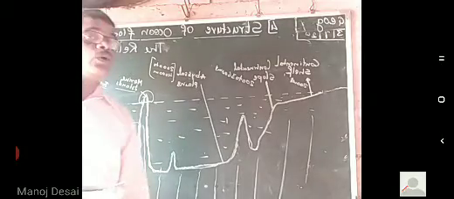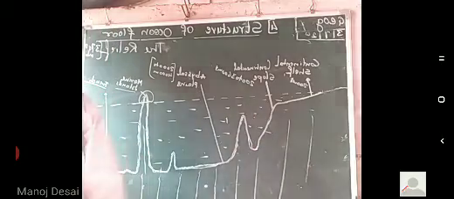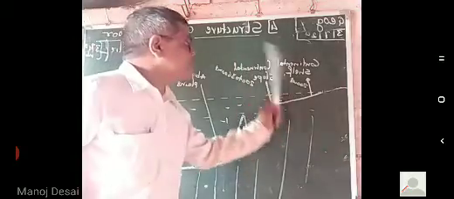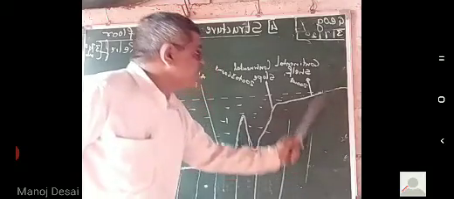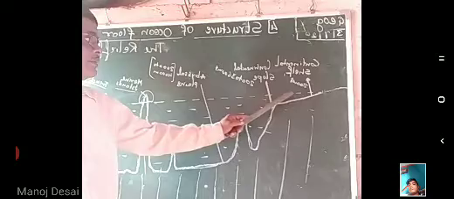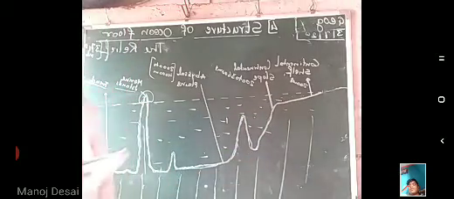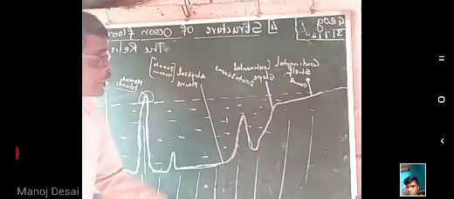The land near the coast, which is submerged under the water, is called the continental shelf.